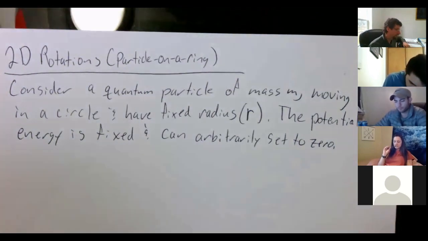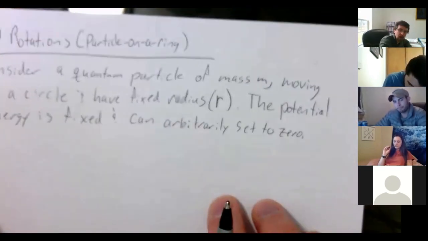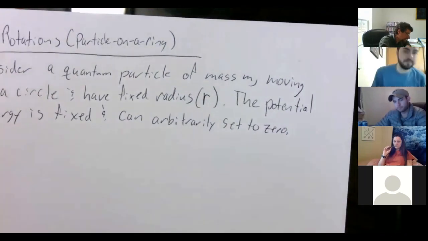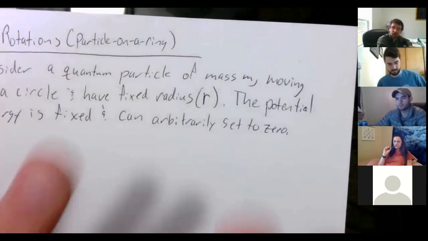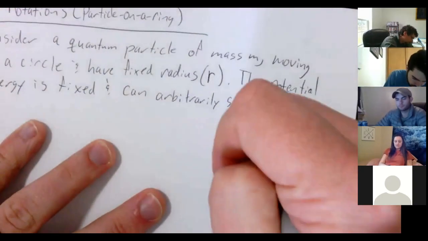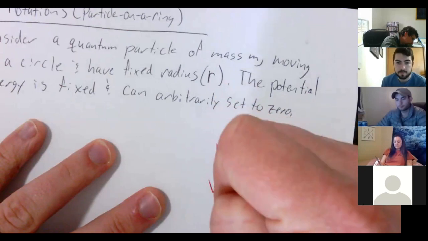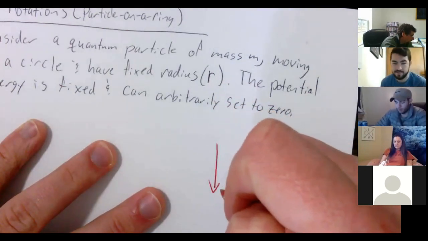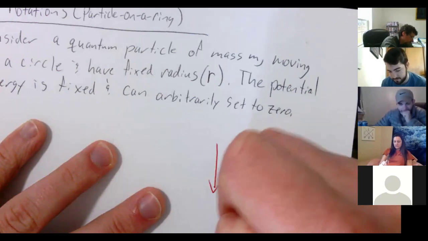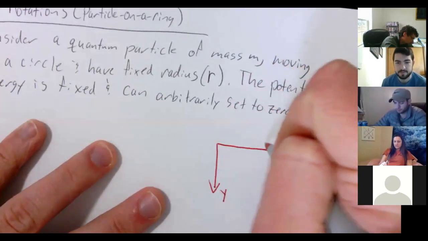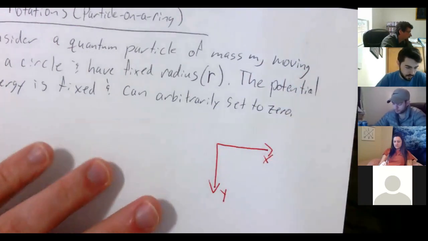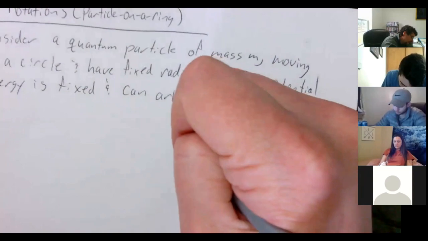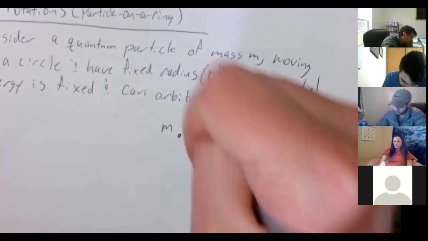Okay, so let's try and draw this system out. We're going to have a particle. So we have our x and y axis. We're going to draw them looking flat down. We'll do y, x. We have a mass out here. So here's our quantum particle.